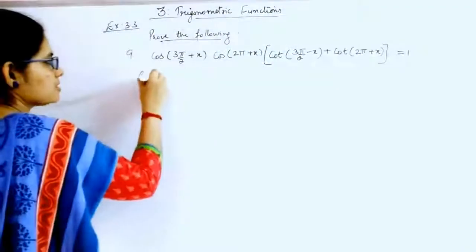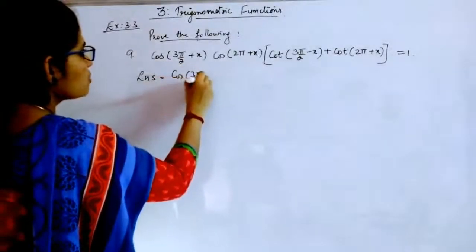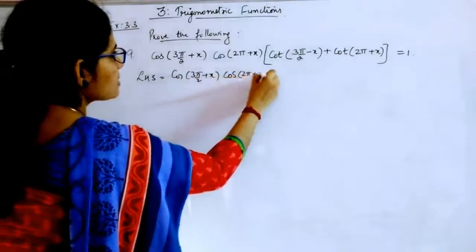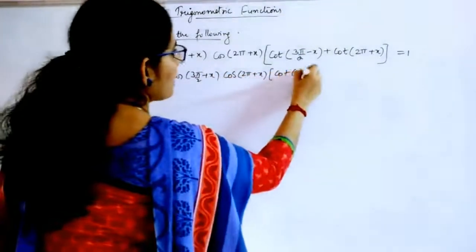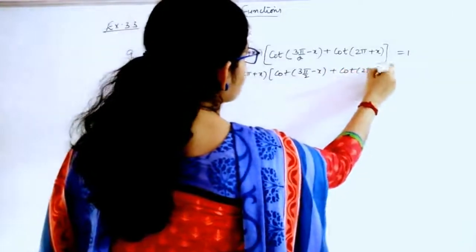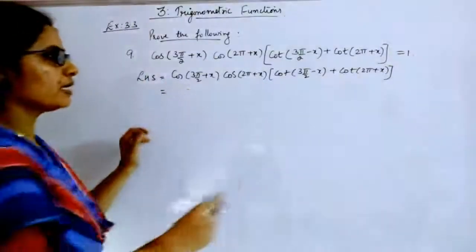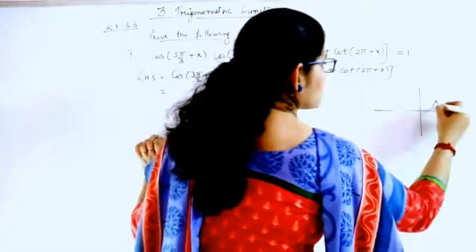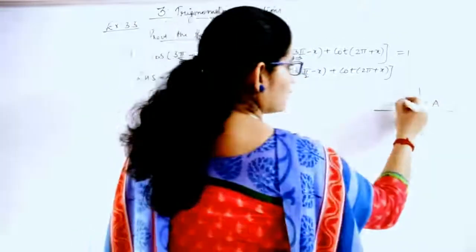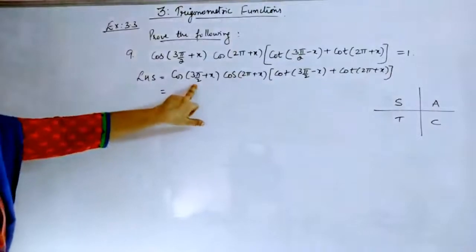So LHS is cos of (3 pi by 2 plus x) into cos of (2 pi plus x) into cot of (3 pi by 2 minus x) plus cot of (2 pi plus x), right? Now what we have to do is, again you have to know each of the trigonometric functions in each quadrant. So all silver teacups you will write. Next, again you have the odd multiple here.